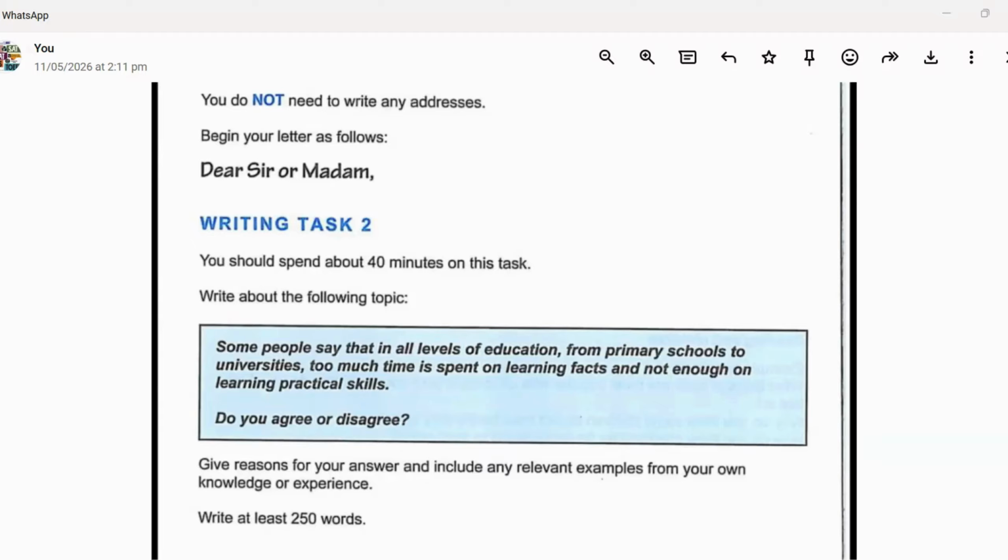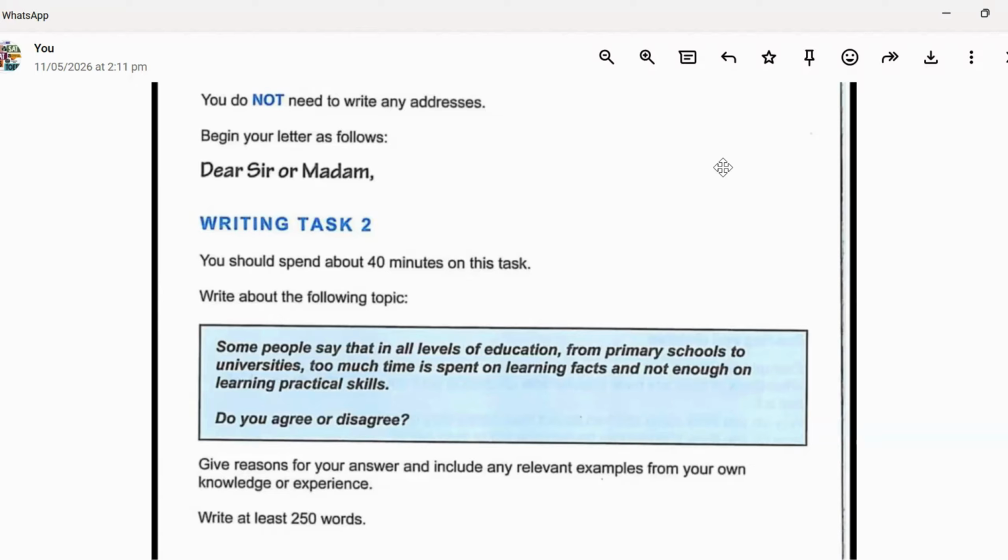Now, let's make this very practical. Look at the question I'm sharing on my screen. I'm going to read out the question from here. The question is: some people say that in all levels of education, from primary schools to universities, too much time is spent on learning facts and not enough on learning practical skills.